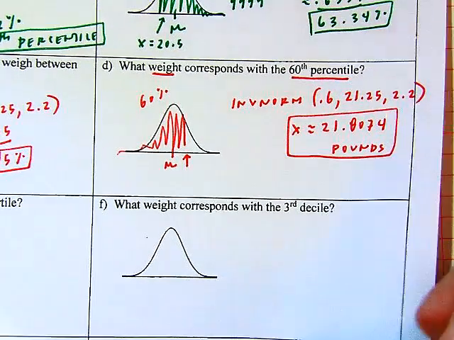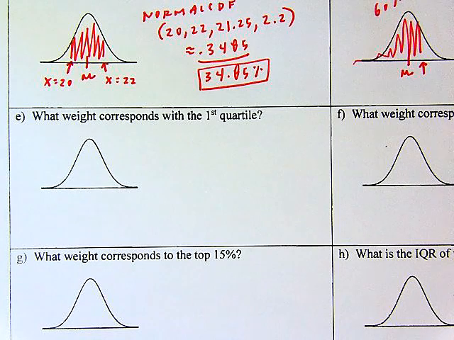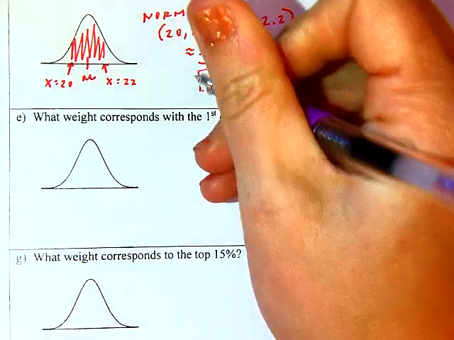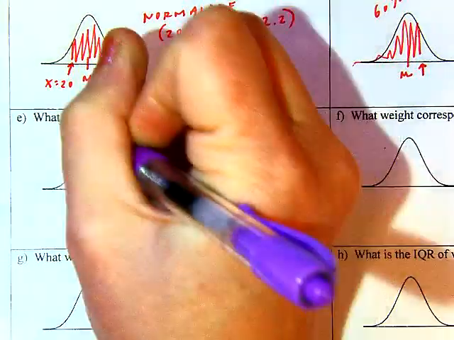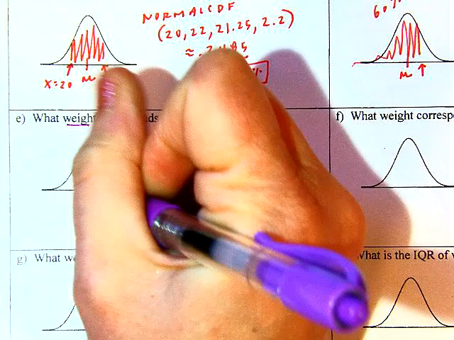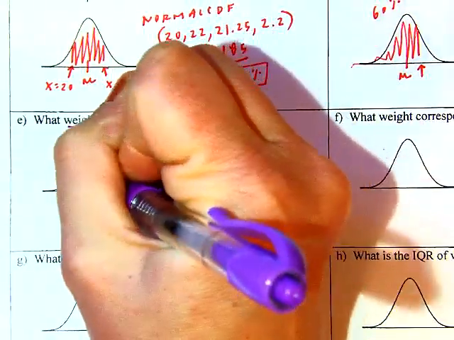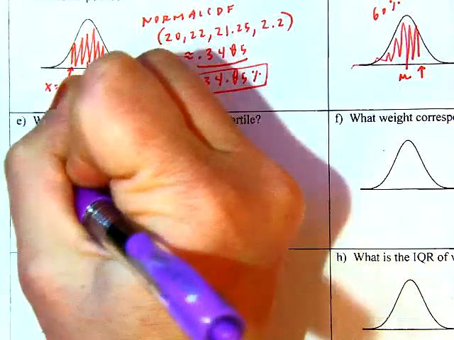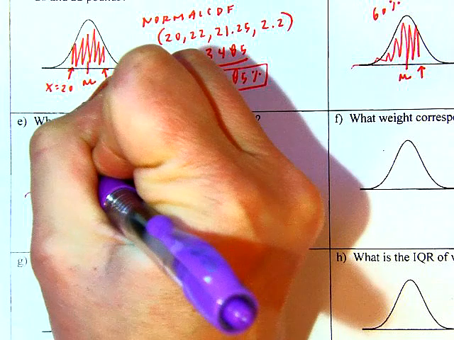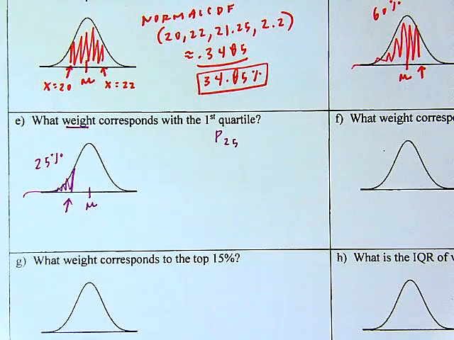Do a couple more and then I'll close it out. All right, what weight corresponds to the first quartile? So the first quartile, right, that's really the 25th percentile. I'm solving again for a weight. So if I want to visualize it, again, here's my mean. So I'm looking at where would I have about 25% in that lower left-hand tail. Right, I'm trying to figure out what that x value is, what that observation is.